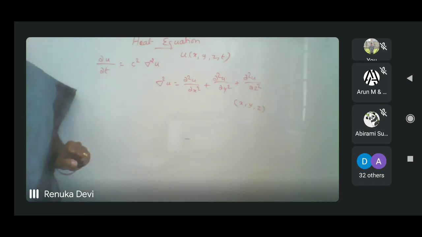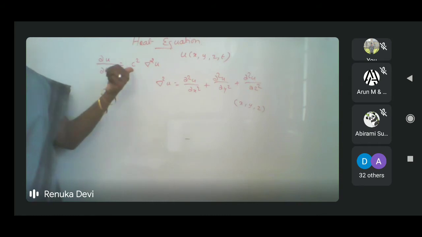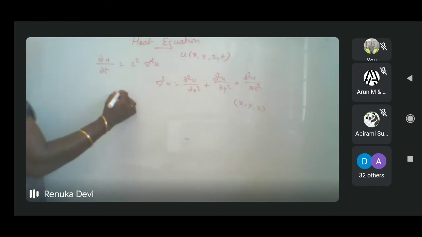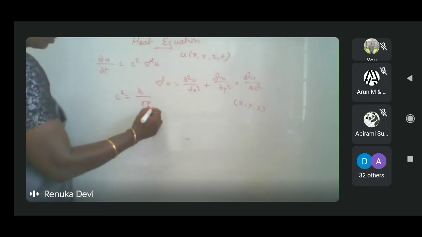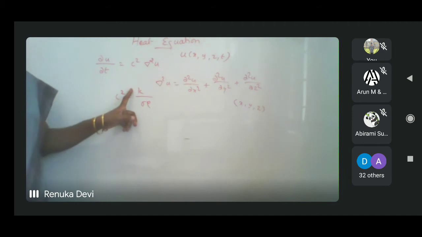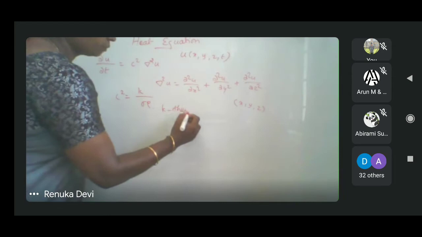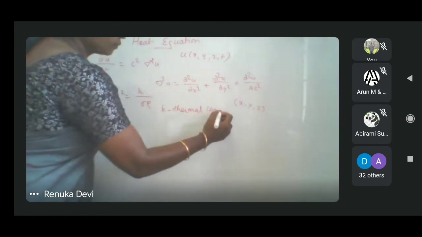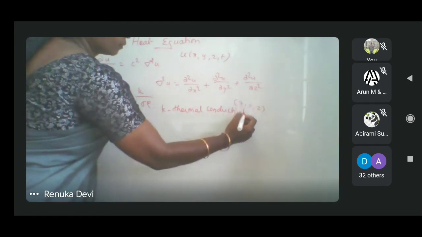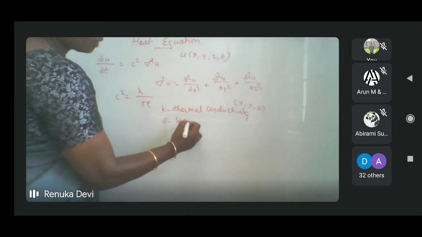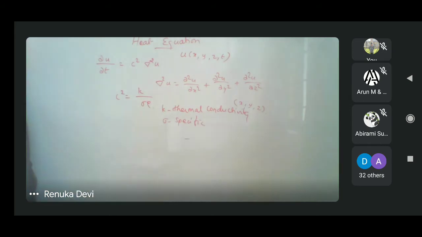Here c² is the thermal diffusivity. And what is c? c² is k divided by σρ. Here k is the thermal conductivity, and σ is the specific heat.